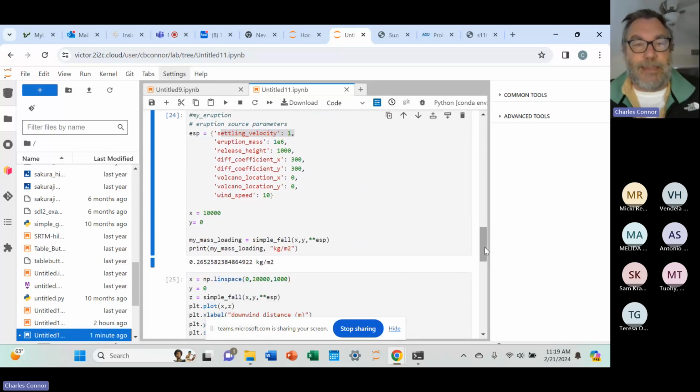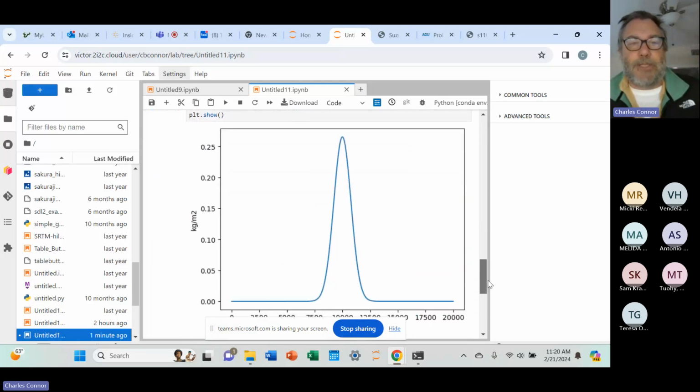And of course, volcanologically, we know that there's actually a distribution of particle sizes produced by the eruption. Costanza Bonadonna calls that the total grain size distribution, TGSD, and it's all over the tephra literature.